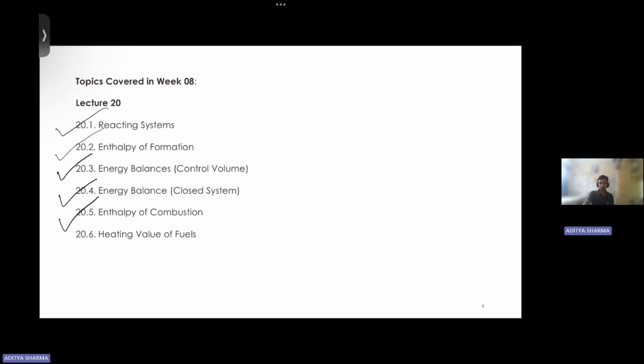Okay, so this is your enthalpy of combustion. The last heading in this lecture is heating value of fuels.